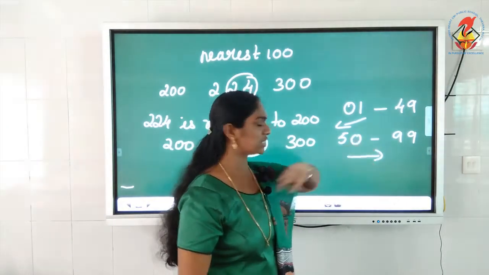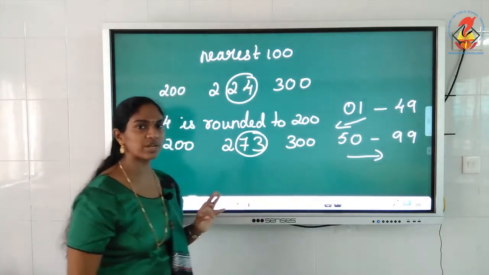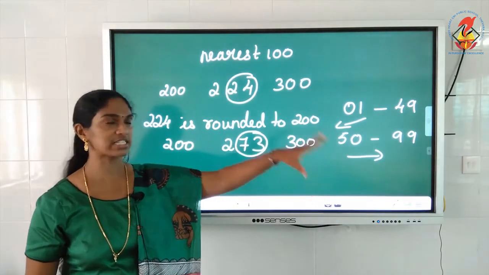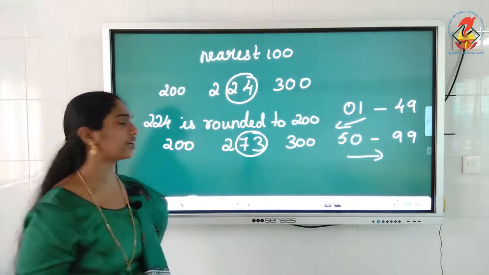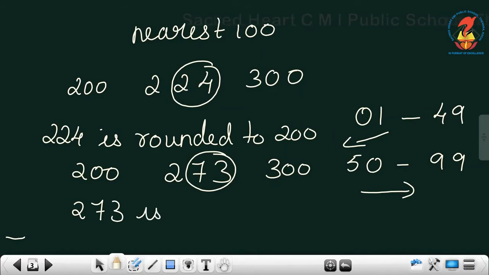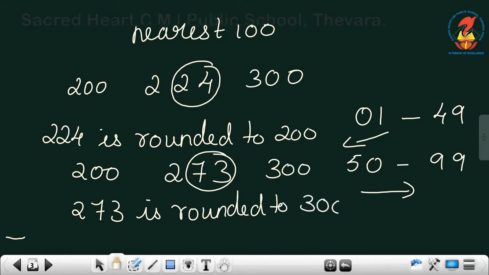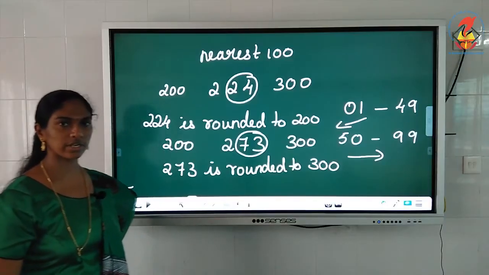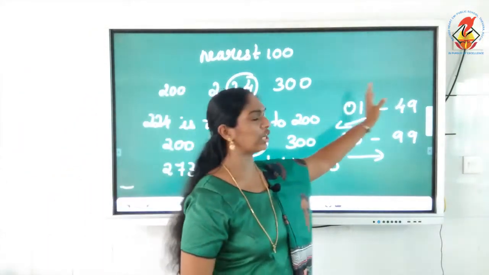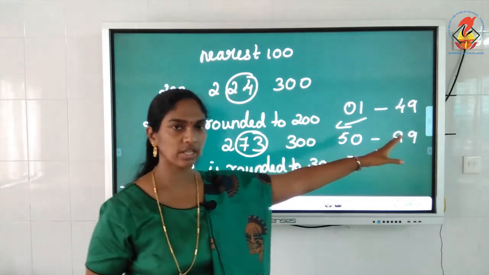So, if the number is in this section, which 100 will it be rounded to? It will be rounded to the next 100. Which is our next 100 here? 300. So, 273 is rounded to 300.